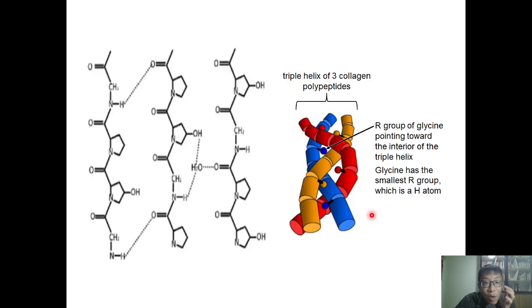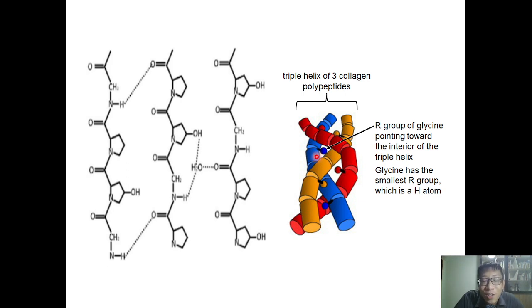So you have this diagram in your notes. Looking at this diagram, you can see when glycine is found in the interior, its R group doesn't take up so much space because it's the smallest. So it allows the 3 polypeptides to be closer together. If it's not glycine, if it is another amino acid with a larger R group, then it will take up more space.